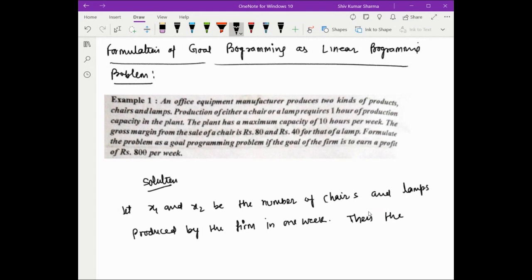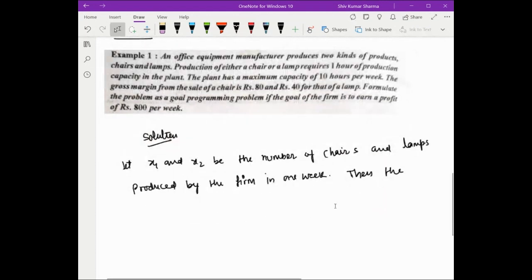Now the linear programming formulation of the problem.